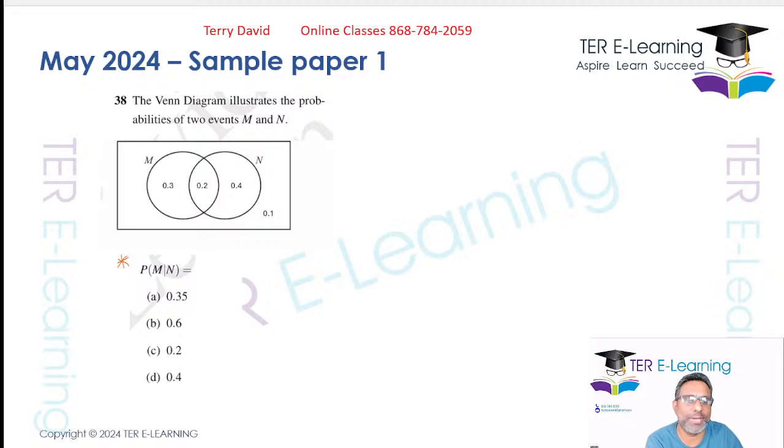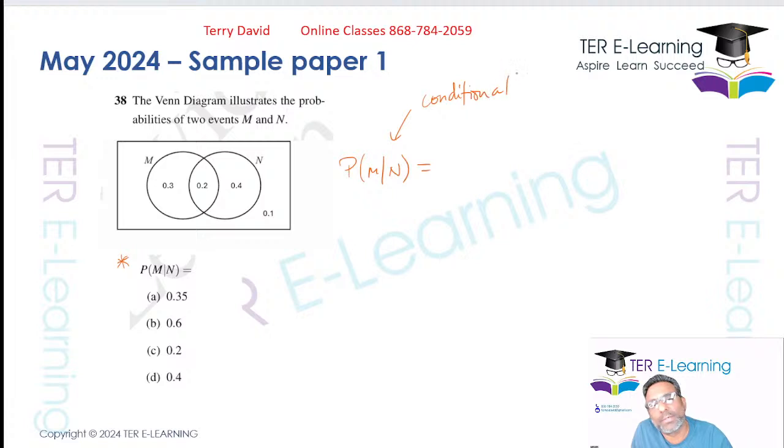I've seen some of you working it out. Whenever you see something like this, in this case we have M given N. This is what we call a conditional probability.